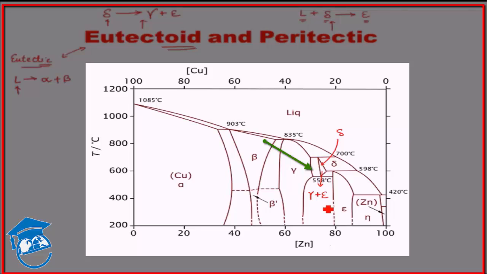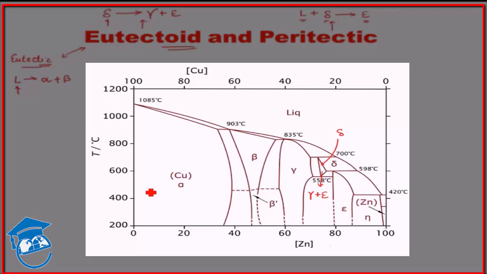We'll see that the eutectoid reaction also takes place in the iron carbon phase diagram when we study it. I had already mentioned that the eutectic reaction takes place in the iron carbon phase diagram. The eutectoid reaction also takes place in the iron carbon phase diagram.